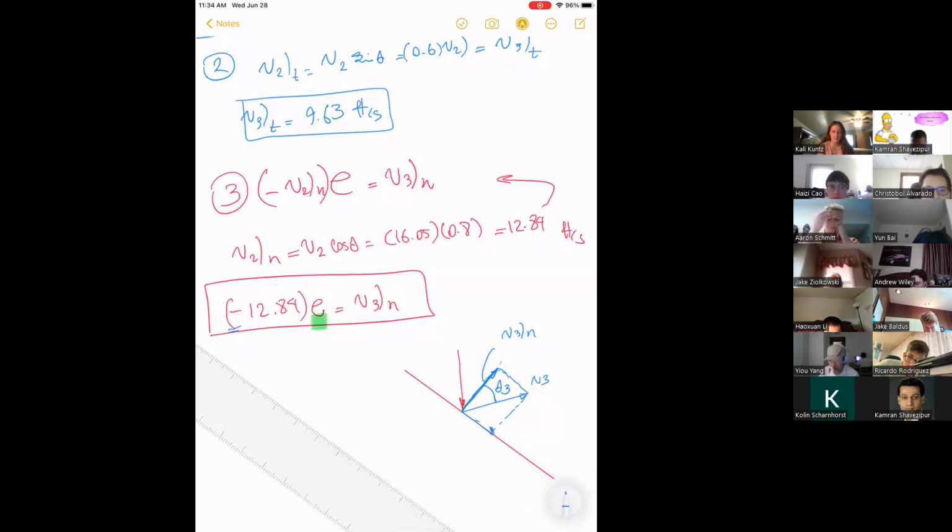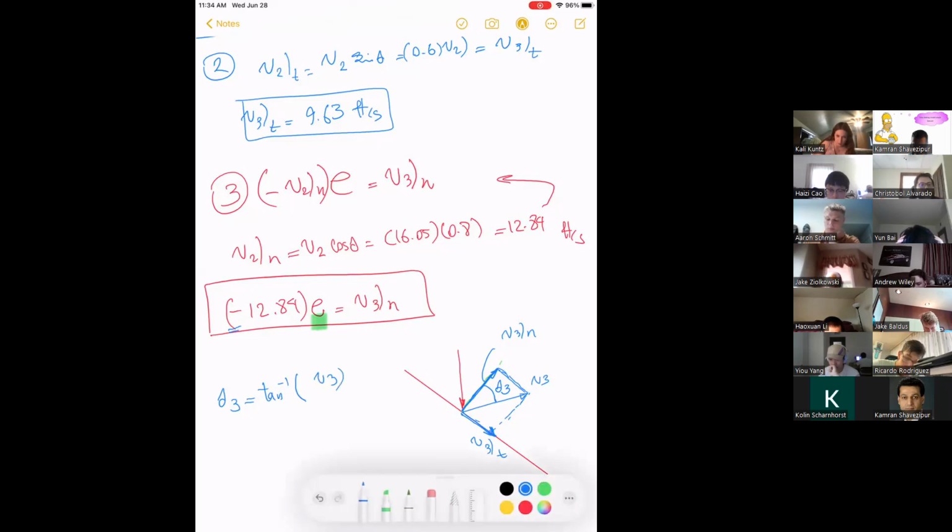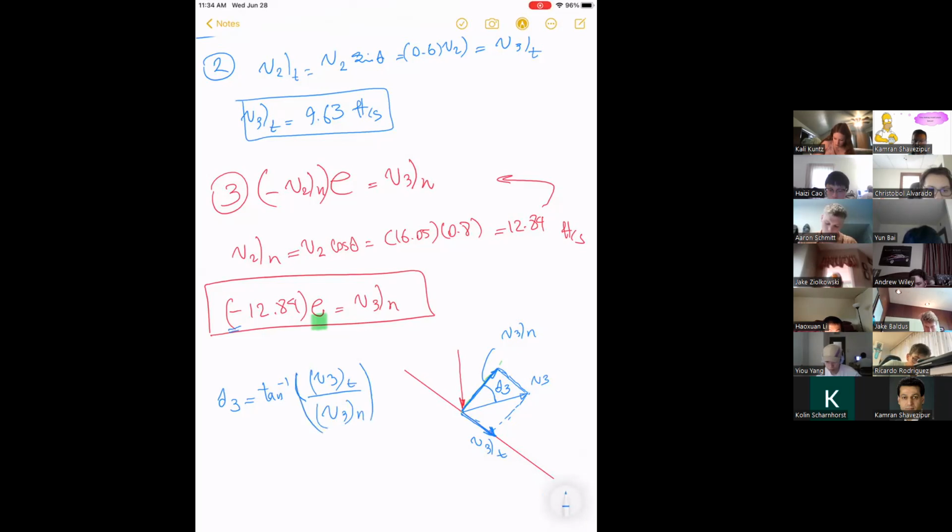And this is V3T. So I can simply find this angle theta 3, right? Theta 3 is going to be tan inverse of V3 tangential divided by V3 normal.